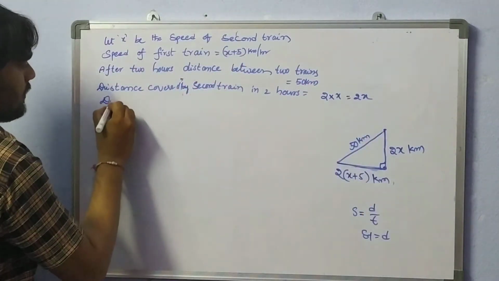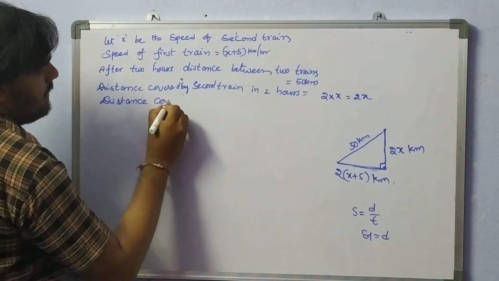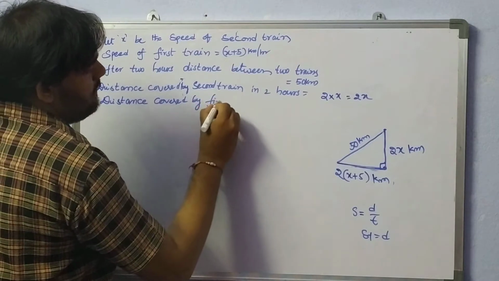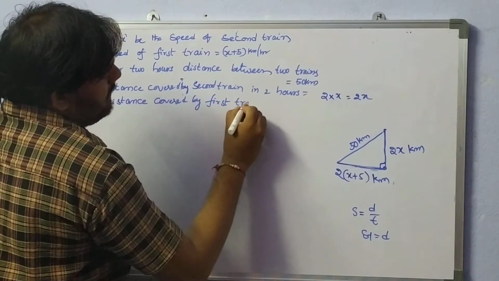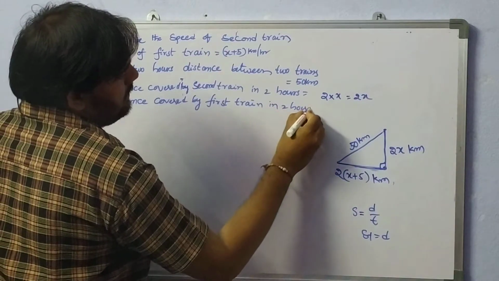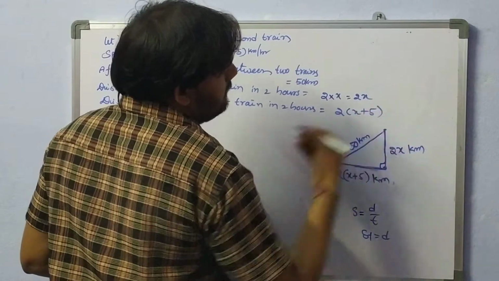Next, the distance covered by the first train in 2 hours is equal to 2 into x plus 5.